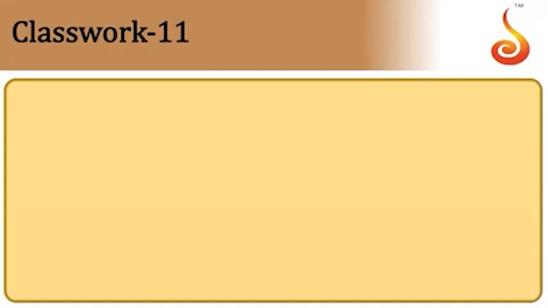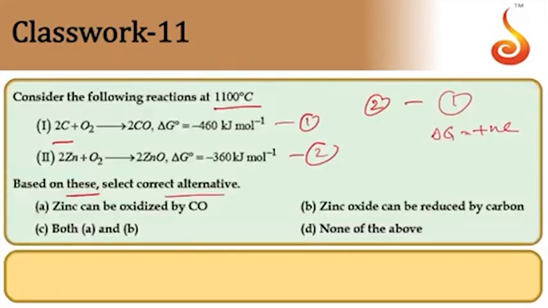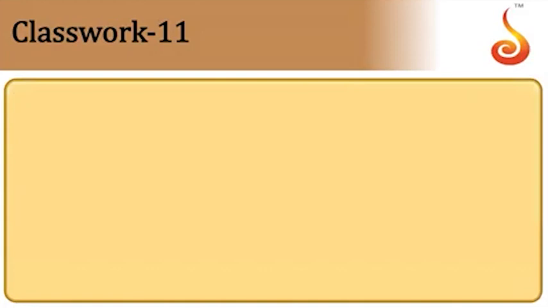So I am writing once again the equations which are given to us. I am writing equation 1 first, then equation 2. Equation 1 is 2C plus O2 giving rise to 2CO, and delta G is given as minus 460.